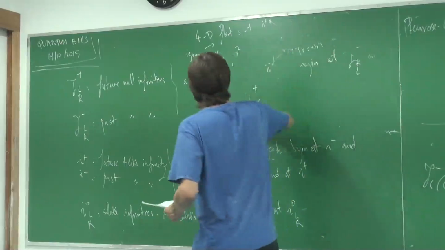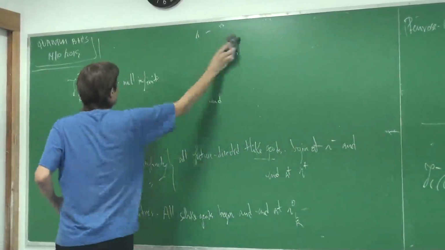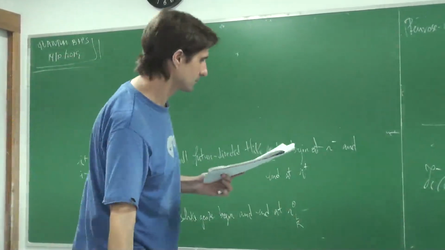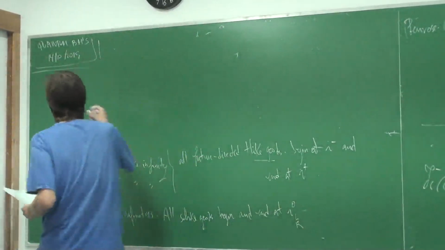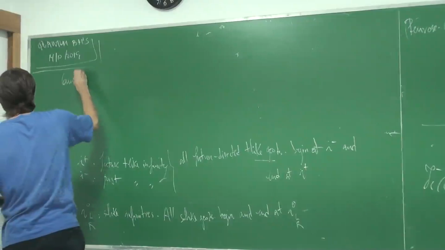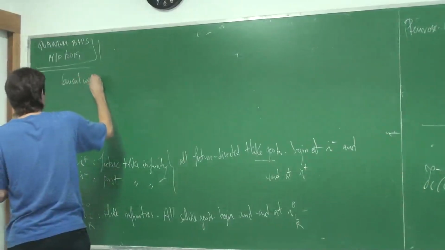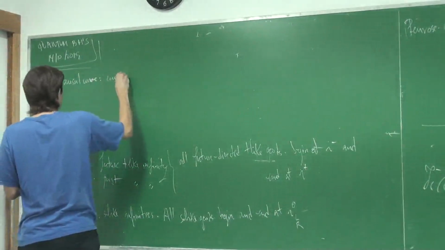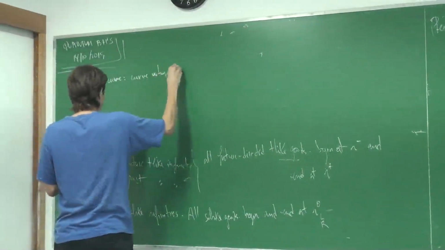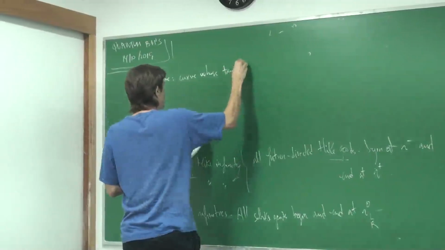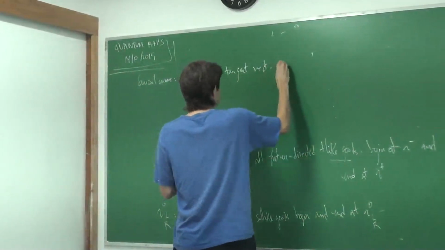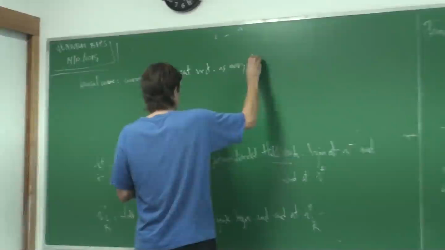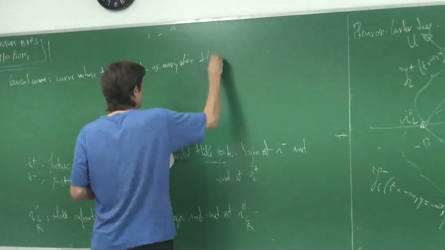Now, Penrose diagrams and Cauchy evolution. So just a couple of words on Cauchy evolution. Well, first of all, a causal curve is just a timelike or null curve. It's a curve whose tangent vector is everywhere timelike or null.